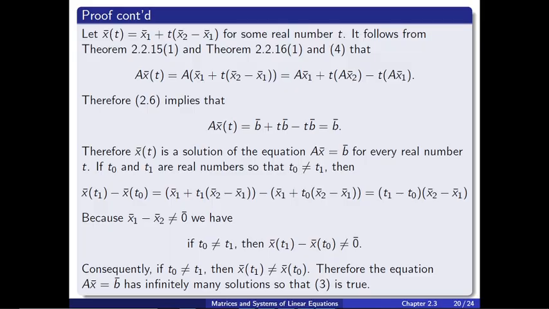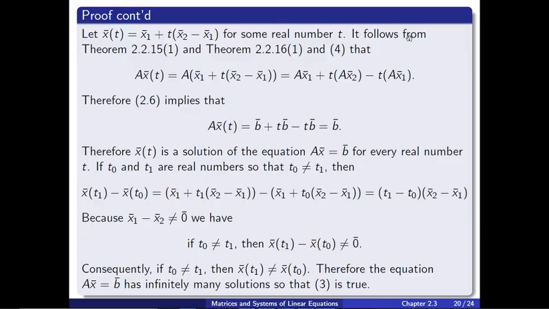We define a function x of t as x1 plus t times (x2 minus x1), where t is a real number. We want to show that for any t that we pick, it will be a solution, making it an infinite number of solutions.